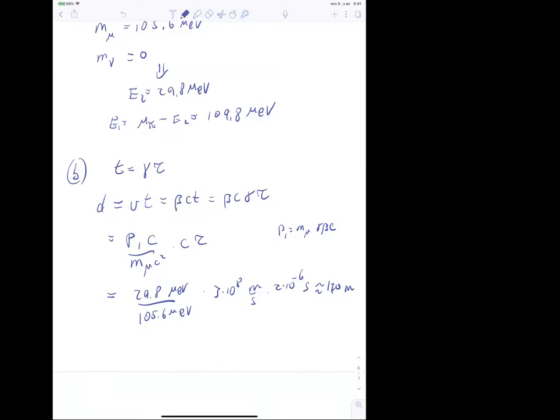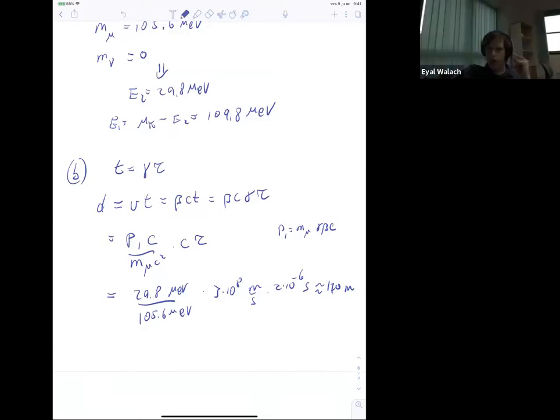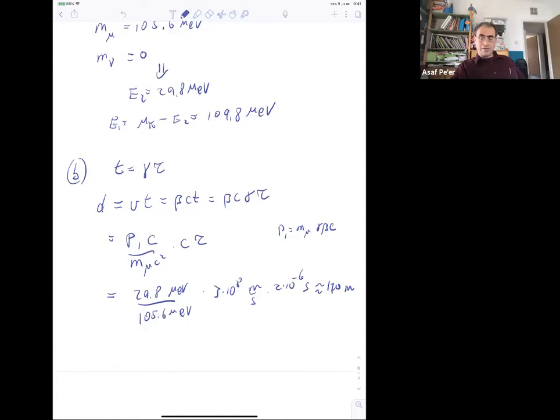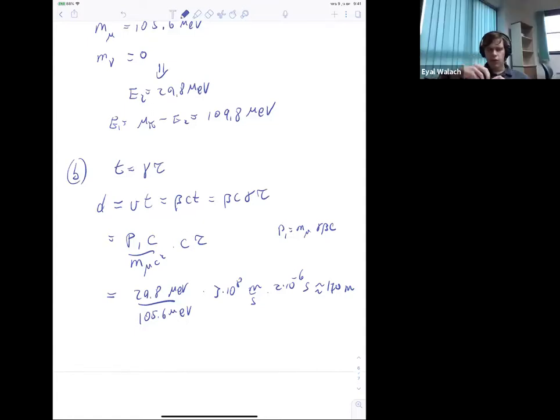Seth? Yeah. How does the finite lifetime of the pion come into this calculation, or the finite lifetime of the muon? Can we just use the muon mass without any width? There is a width, of course, to the muon mass because it decays. Perhaps I'll rephrase.